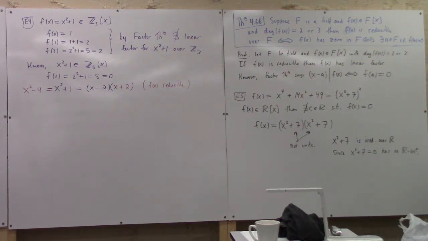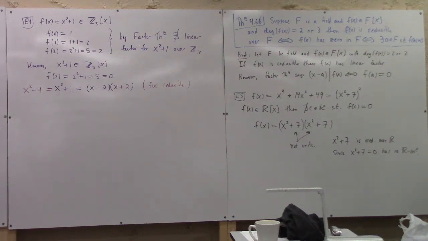So if we look at this as an element of Z2, is it irreducible? It's cubic, so we can just check if it has a 0. In Z2, there's only 2 things to check. F bar of 0 is 1. If we plug in 1, we get 1 plus 1 plus 1, which is 1.